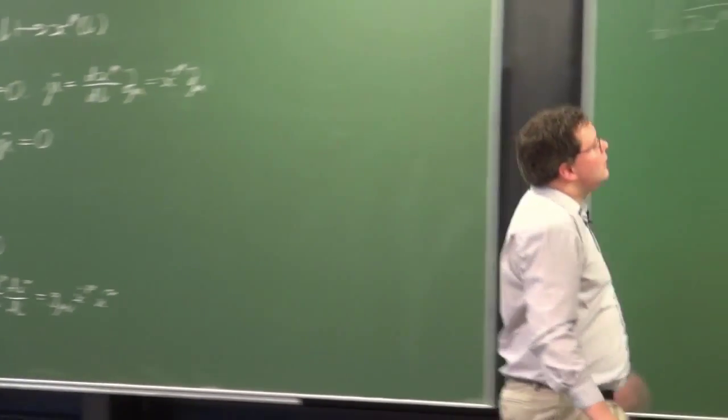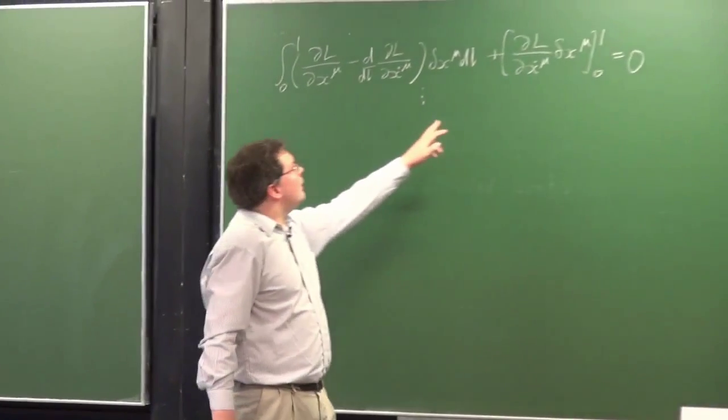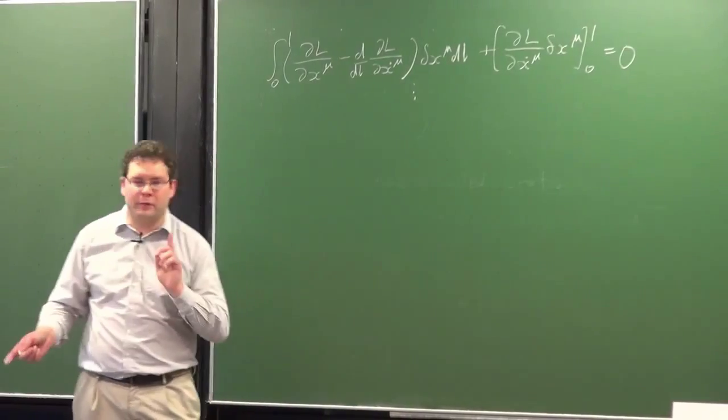Now, the derivative with respect to x dot mu gives you two terms because of the symmetry.